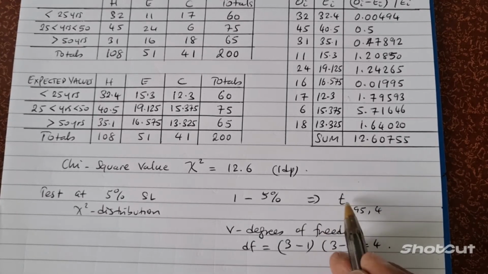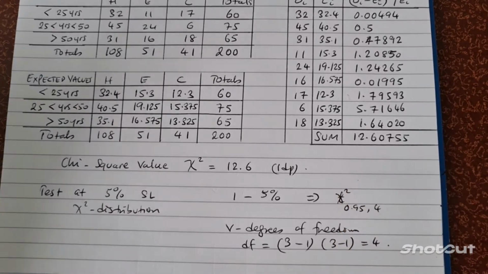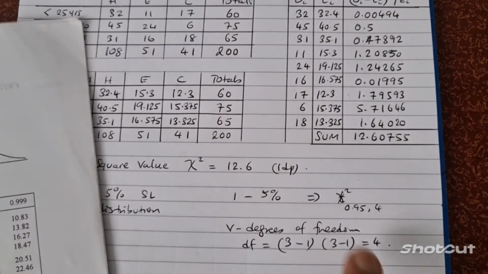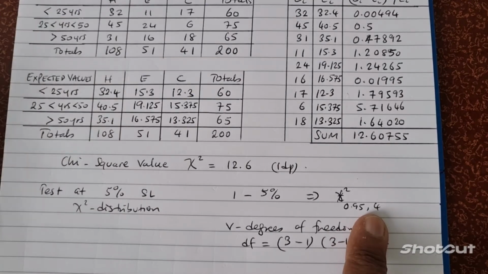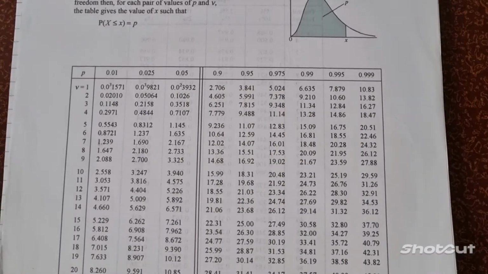Basically this should not be T there, it should be the chi distribution, so chi-square. We're looking for 0.95 with degrees of freedom 4. Let's take a look.